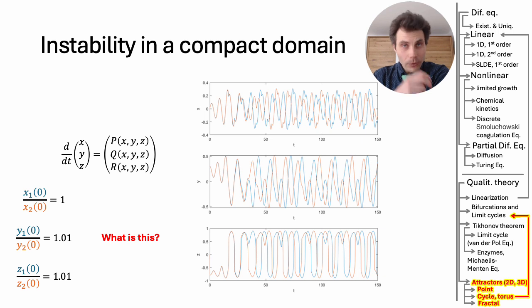What is this? How can we imagine such a situation? And surprisingly, in order to imagine it qualitatively, in order to imagine an example of this behavior, we again will make use of the Van der Pol oscillator. Let's recall the Van der Pol oscillator that we just have discussed.